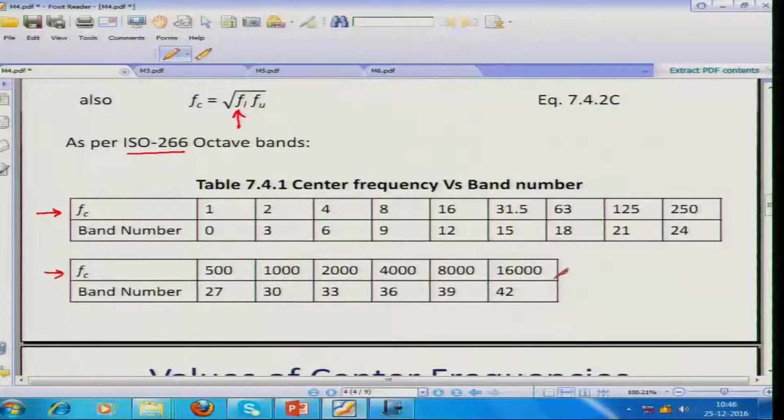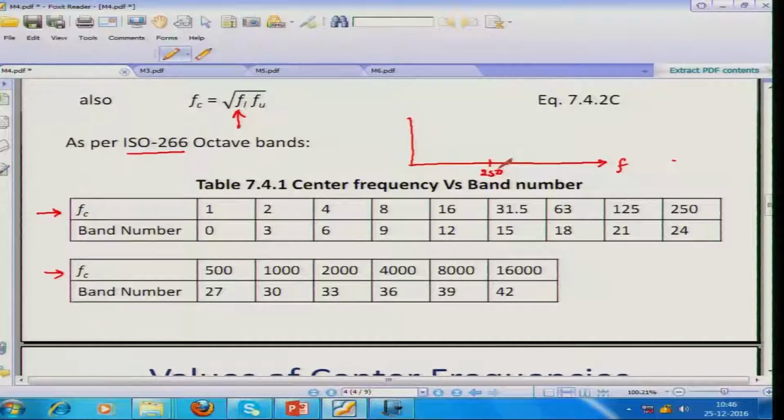Now, let us consider a band. So this is frequency, and let us say this is 250 hertz.